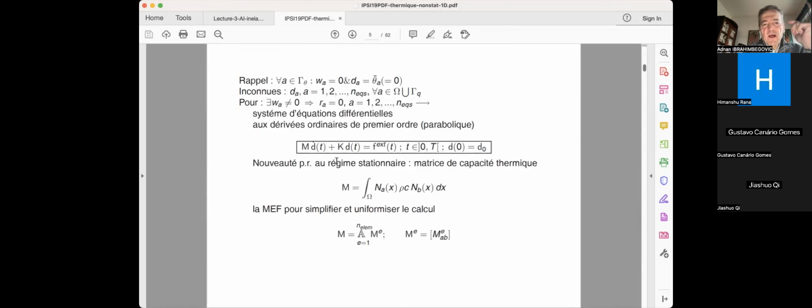So basically, this time I do not come to a set of algebraic equations. I come to a set of ordinary differential equations, which are parabolic, where you have M times d dot. d dot is the first derivative of the nodal array of temperature with respect to time, plus K times d equal to F external, a function of t.